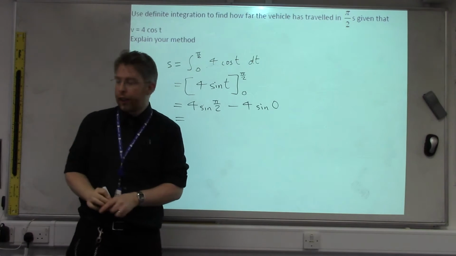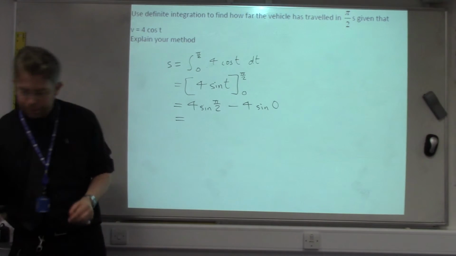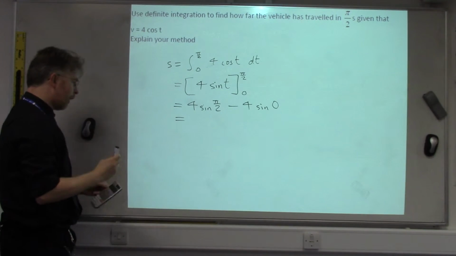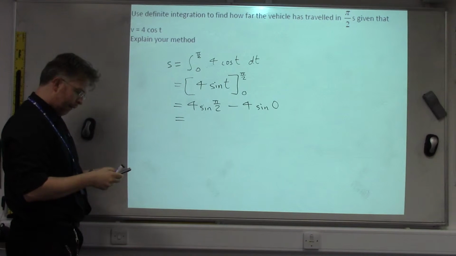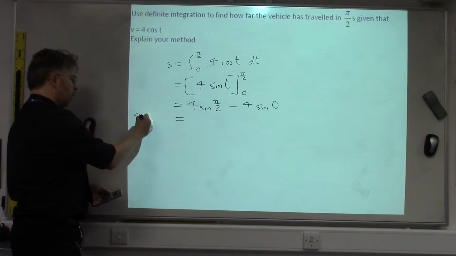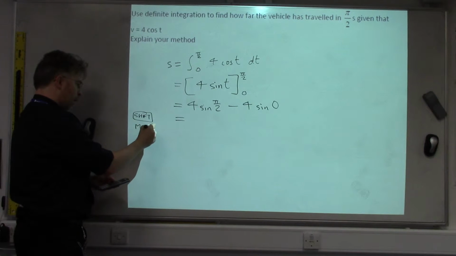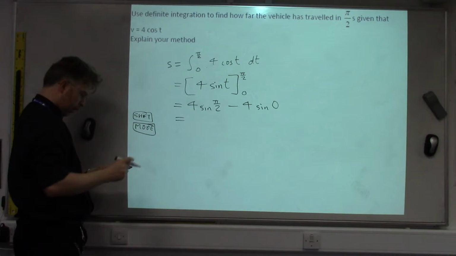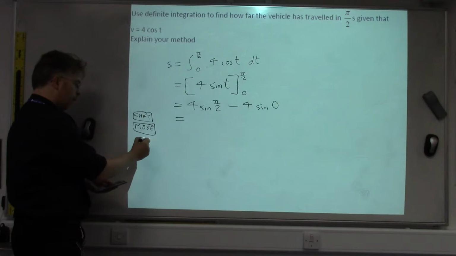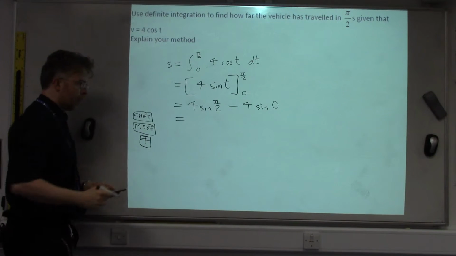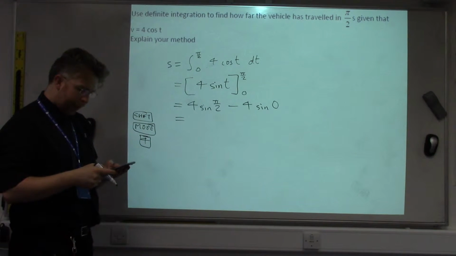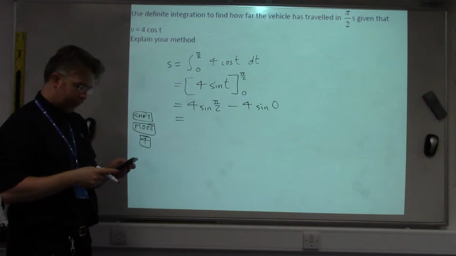Make sure your calculator's in radians. So if it's not in radians, then it's shift mode and 4 if you've got the Casio calculators. So now my calculator's in radians, I will stick it in.